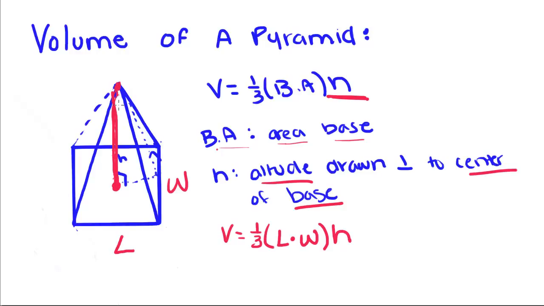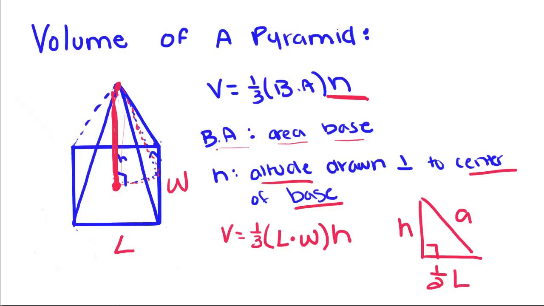Because if you look at it, this height, the height of this triangle, and this little line right here form a right triangle, with this being the height, this being 1/2 of the length, and then this being the height of the triangle, which, just so we don't get confused, we're going to call A. So sometimes we're going to have to use that to give us our H, but you have to make sure you are taking the line drawn perpendicular to the center of the base.